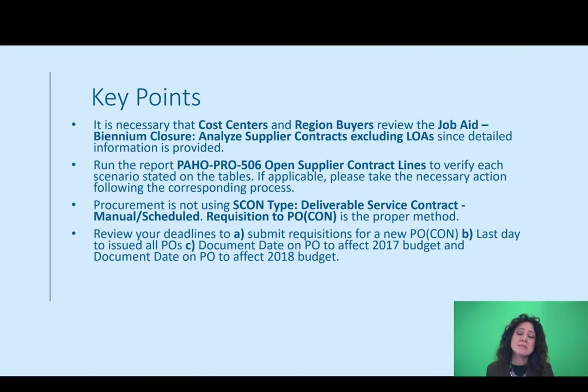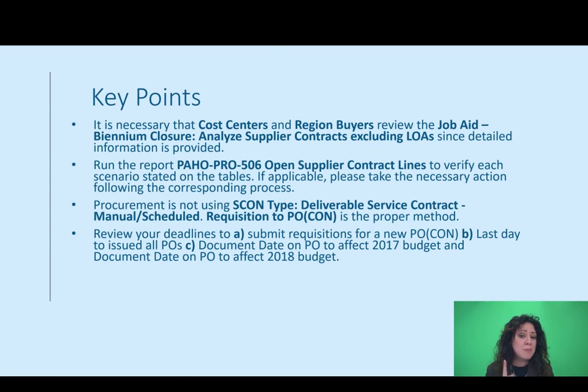Key points for this job aid is that cost centers and region buyers need to review it. You need to run the report in order to be able to analyze your whole operation and go inside the table to verify the scenarios and take the necessary actions on time.